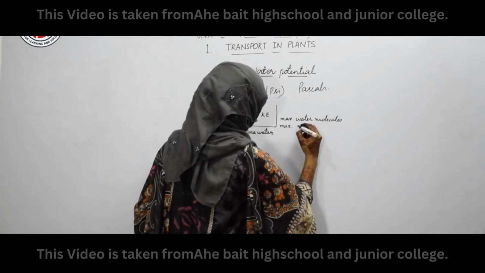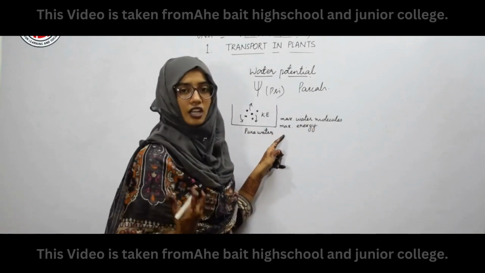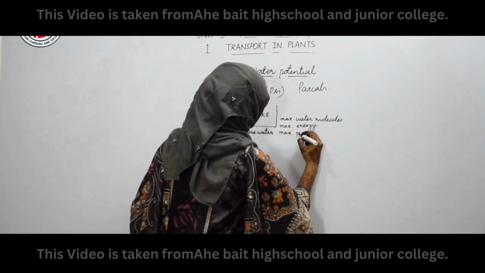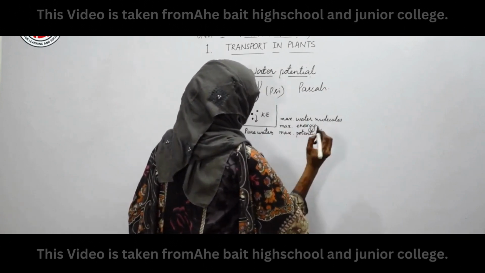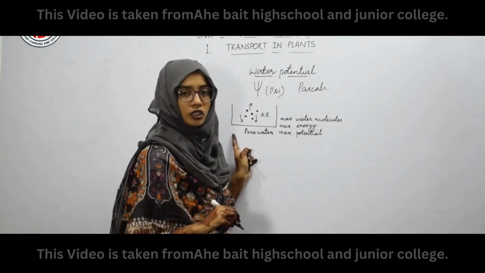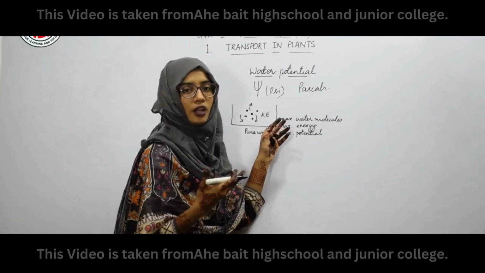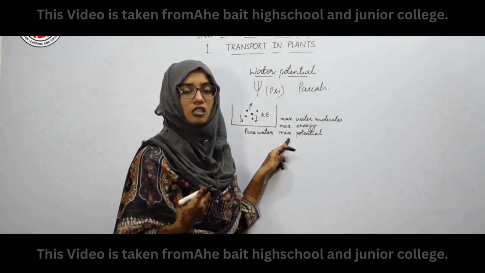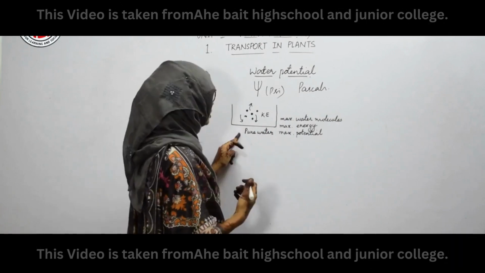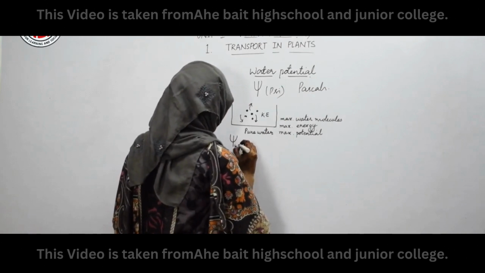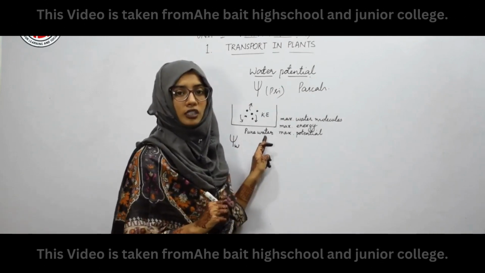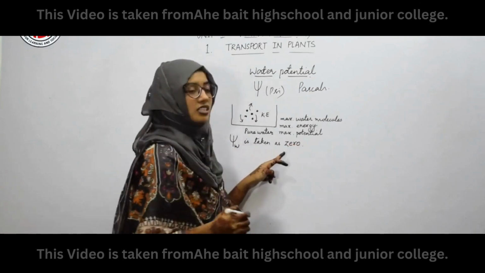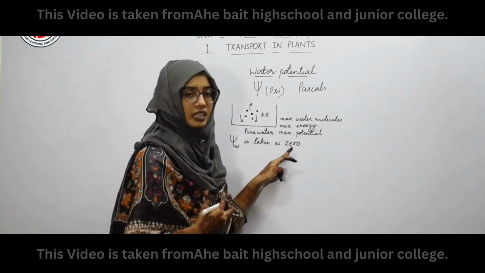If the energy is maximum, then ultimately the potential to carry out work is also maximum. So in pure water, as the number of water molecules is more, the energy is maximum, and the potential to carry out work is also maximum. The water potential is represented by psi W, and the water potential of pure water is maximum, and it is taken as 0.